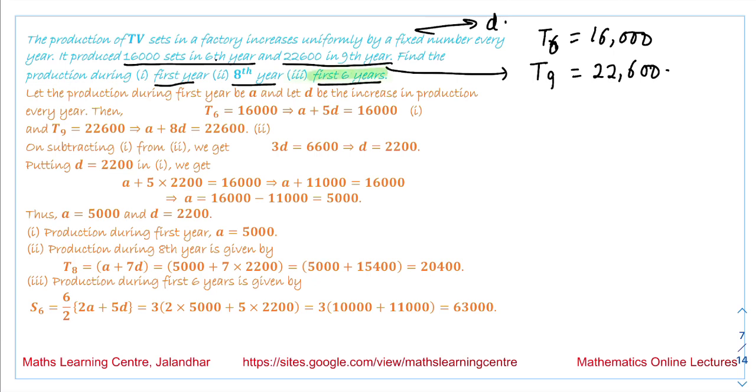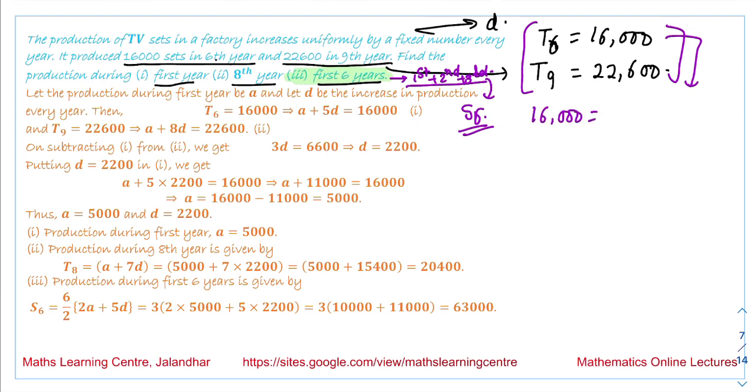It is important to note that we are talking about the first 6 years. It means the 1st year plus the 2nd year plus the 3rd year, and so on. We are talking about all the production, so we are talking about S6. From the first, we have 16,000 equal to a plus 5D.